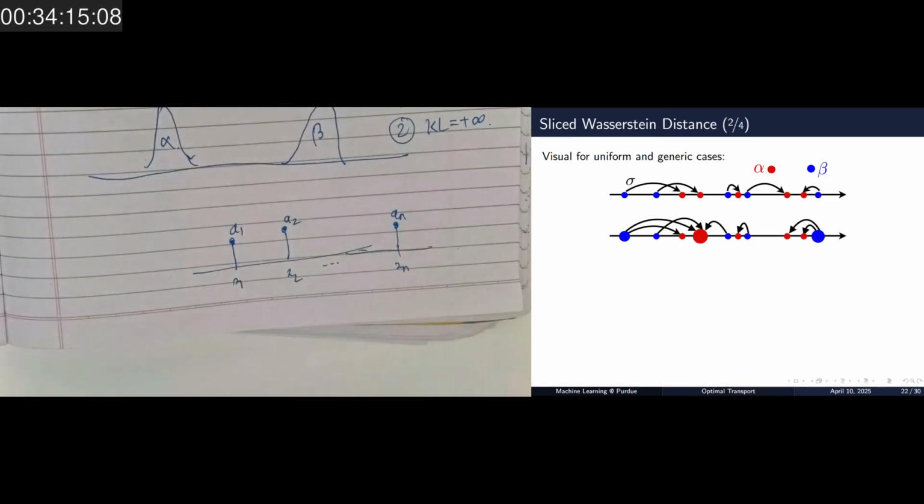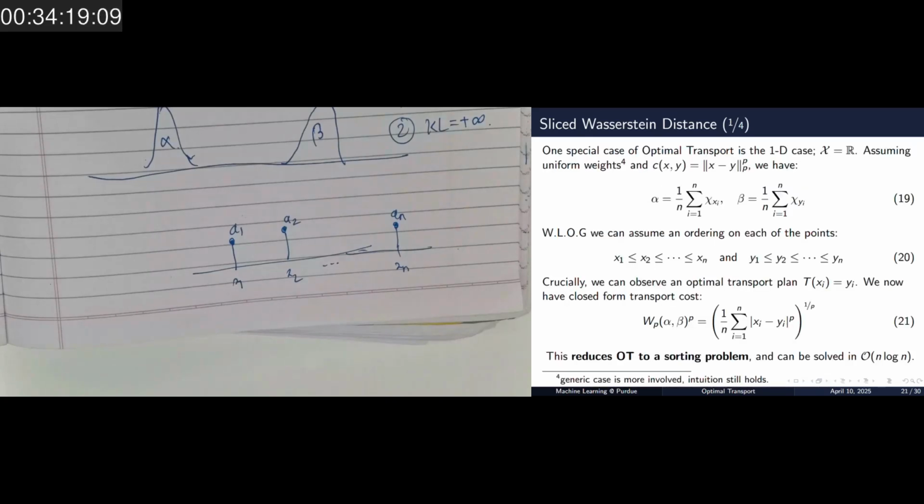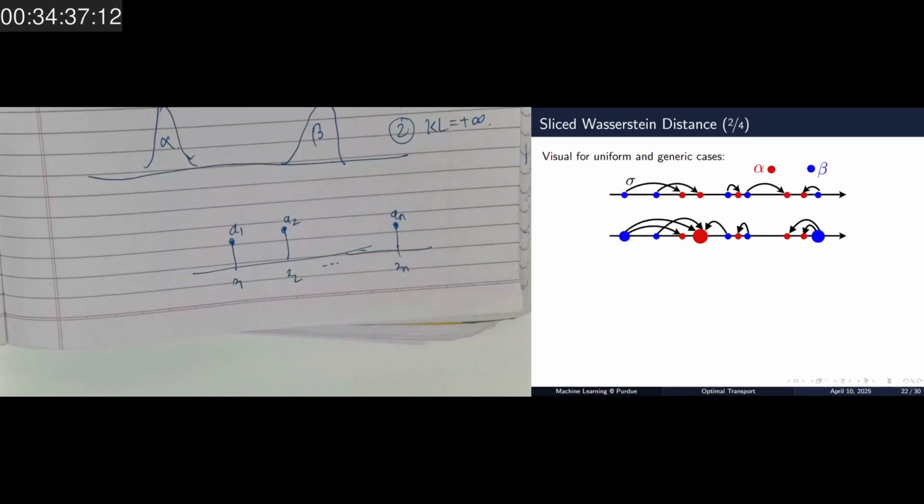I thought they were the same case. This is the footnote from here, where we discussed the generic case in this slide. We discussed the setting where all of the weights are uniform, but that's not a very strong result by itself. But it holds for the generic setting as well.